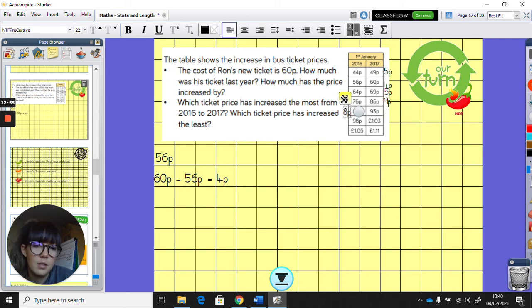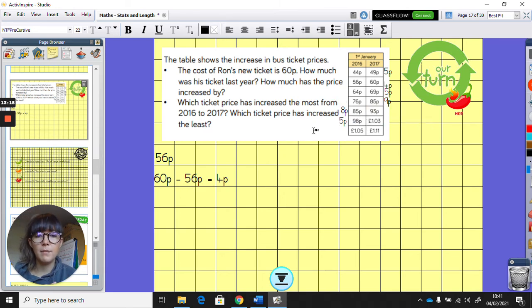I'm going to put them this side because it's a bit confusing, there's lots of numbers, isn't there? 98p and £1.03, so we need to think, £1.03 is the same as 103p, isn't it? So 98, 99, 100, so you've got 2, and then you need 3 more to get to 103. That would be 5 altogether.